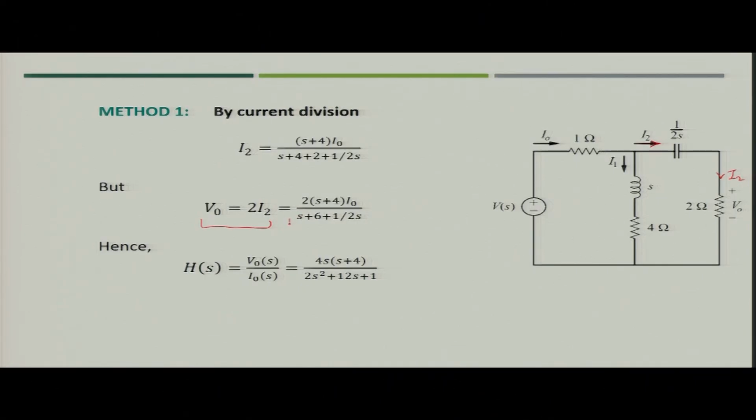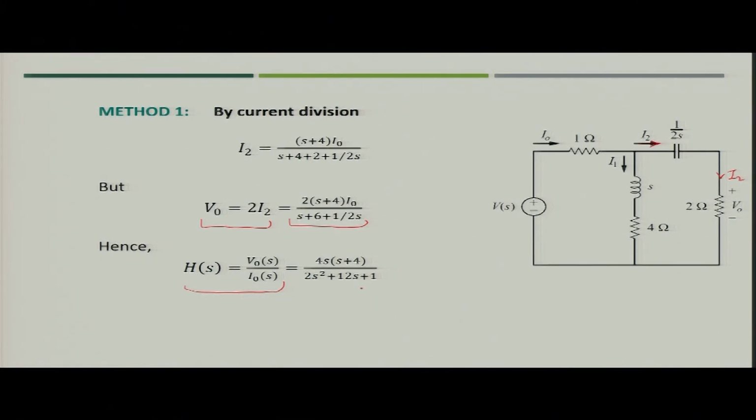So, you get the value of V naught as 2 into (s plus 1) I naught upon (s plus 6 plus 1 upon 2s). When you rearrange, you put I naught in the denominator. So, the transfer function, that is V naught upon I naught in S domain, equals 4s into (s plus 4) upon 2s square plus 12s plus 1.